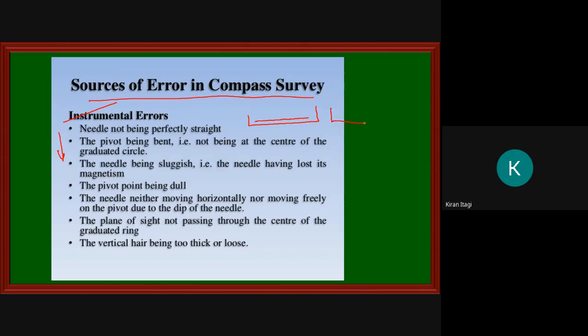If you have not leveled your compass, it will touch one side and be free at the other side. So if it is not perfect, then you will get some errors. The pivot, where the needle is supported, being bent, that is not being at the center of the graduated scale. If it has been shifted, we will have some error.